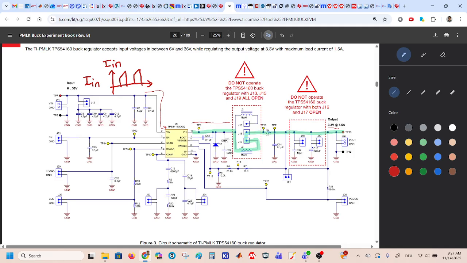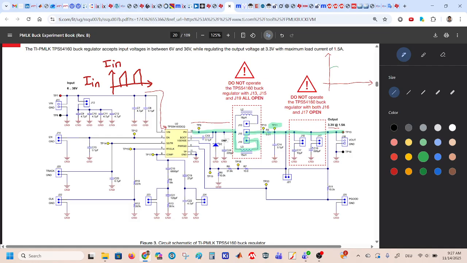And the first idea was to measure the difference between these two test points. If we look at the voltages, for example, for TP11, TP11 is the output voltage.